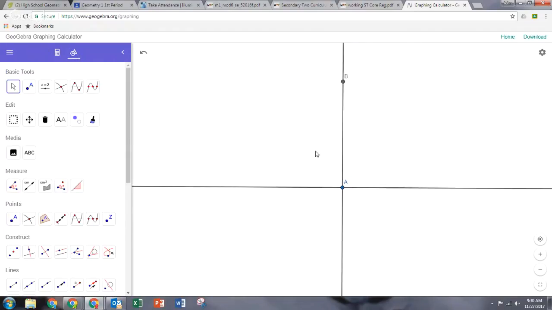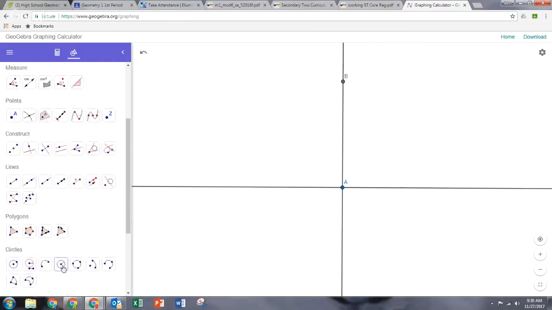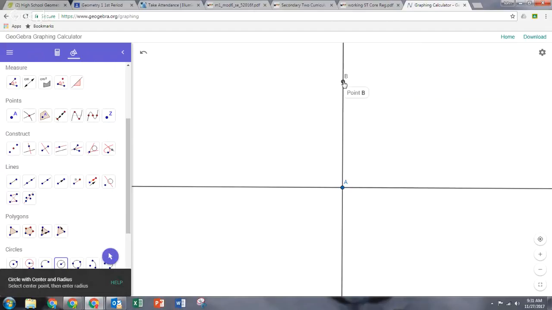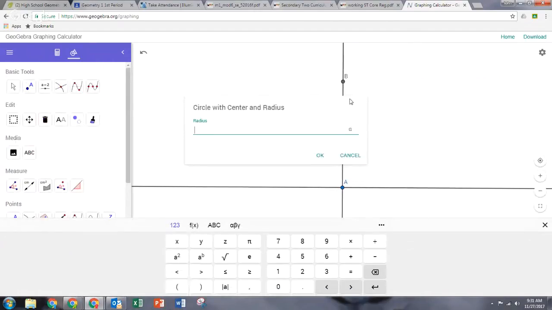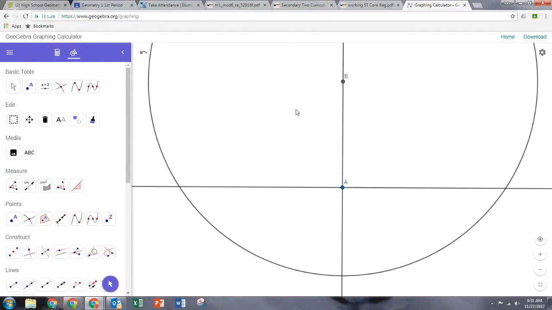Cool. So now the distance from B to C is supposed to be 158.16. So I'm going to go with that same strategy and make a circle with a defined radius, centered at B, and go 158.16 units away. Cool.